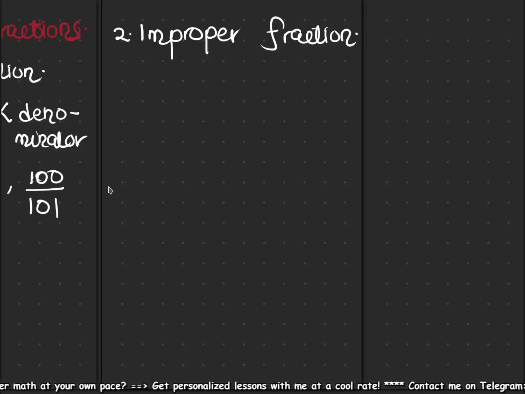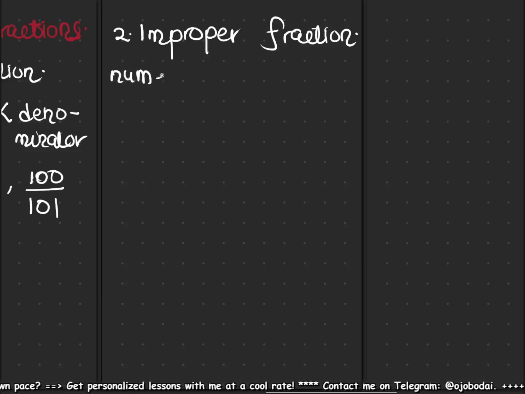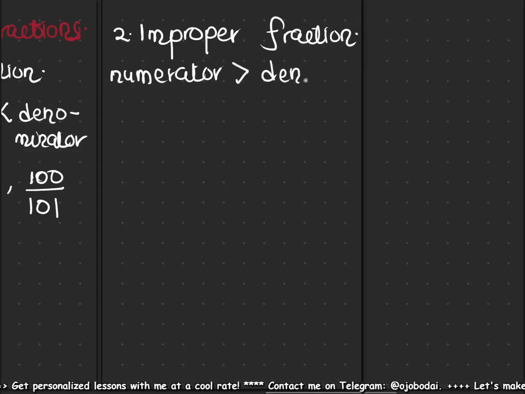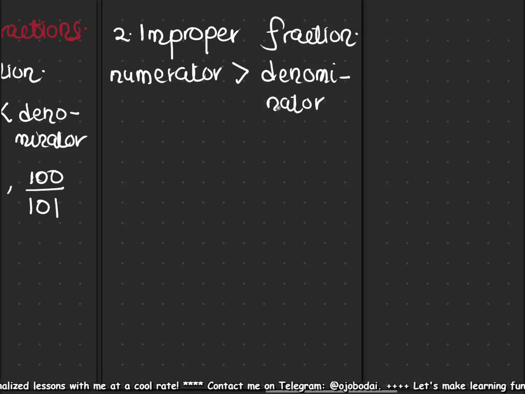But let's stick to the greater than. That is what we are used to expressing it as. So for the improper fractions, our numerator is greater than what? The denominator. That is for improper fractions.